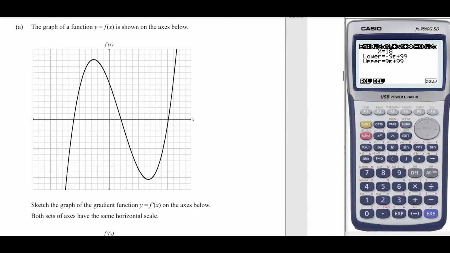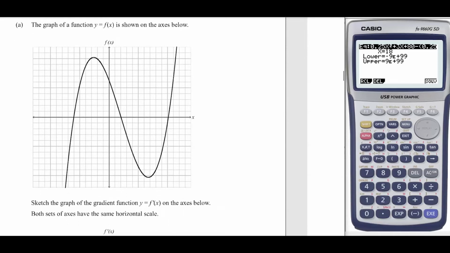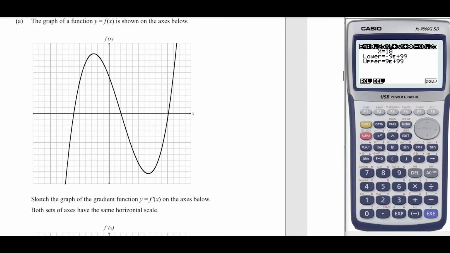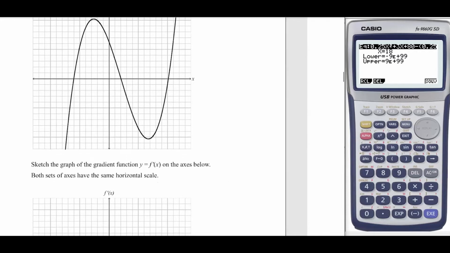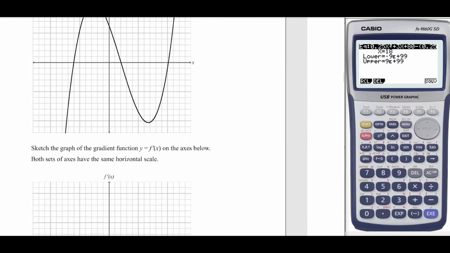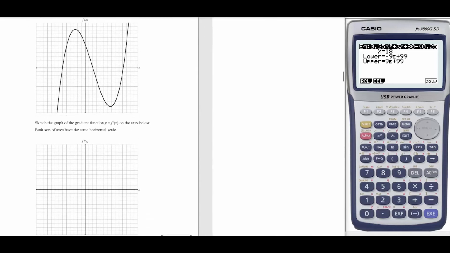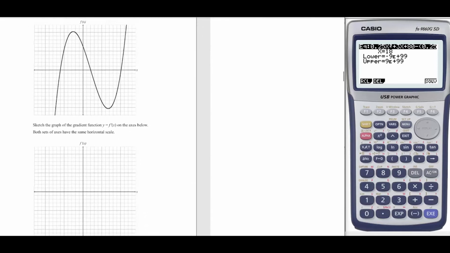Okay, so we've got the graph of this function on this picture below. We want to sketch the graph of the gradient function of that curve on the axis beneath it. Okay, so I'm going to just shrink this down to have a look at what's going on in both of these.